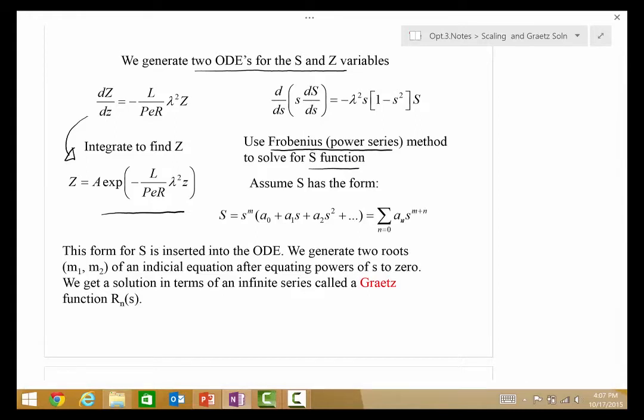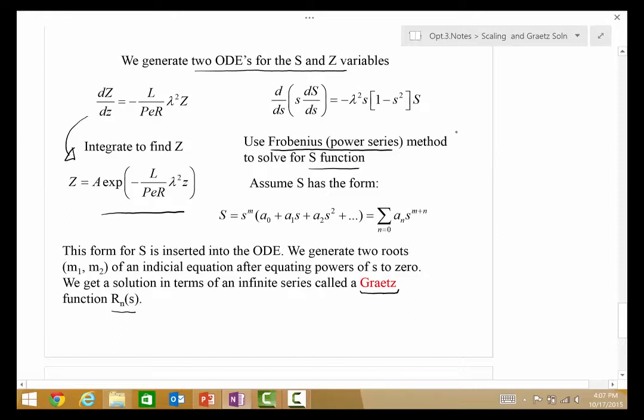So this form for s is inserted into the ODE. We get roots of it, and the infinite series solution is sometimes denoted in terms of what are called the Graetz functions, and we are calling that Graetz function Rn of s here.